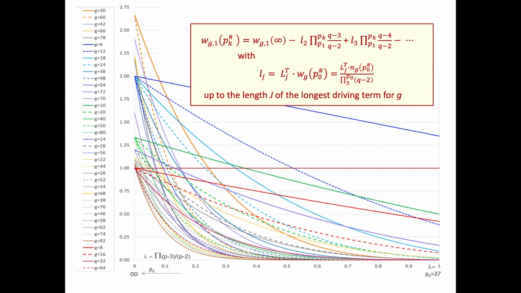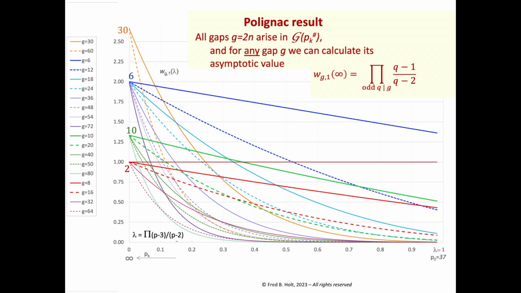And we have to do that. We have to keep the models up to length j of the longest driving term for the gap g. We get a Polignac result. So in the cycle of gaps, every even gap does indeed arise. Pick any even number.